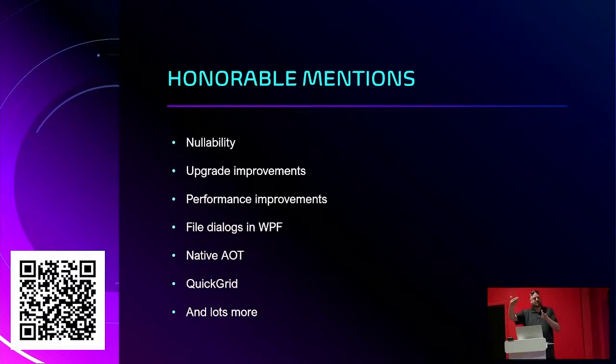When .NET 11 comes out, 1 year later, you'll have 2 years of support. What does that mean? You can upgrade to .NET 11 and have the same amount of support as you do for .NET 10. So that way, you can more easily upgrade to the next version and not worry about being outside the support window.